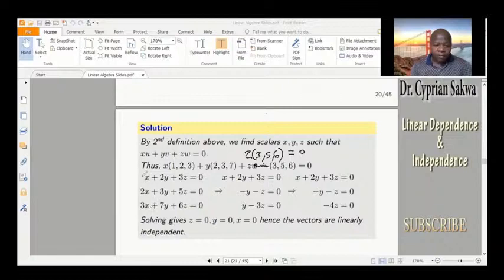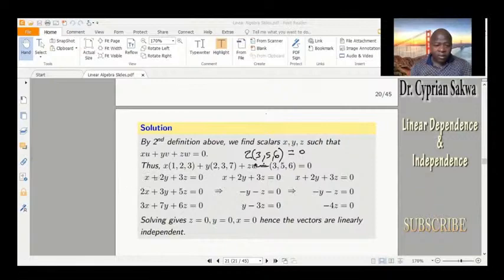So we have this system of linear equations which we reduce to echelon form, and we are already aware of how to reduce systems to echelon form. So reducing to echelon form, I want to have a 0 in this position, a 0 in this position.